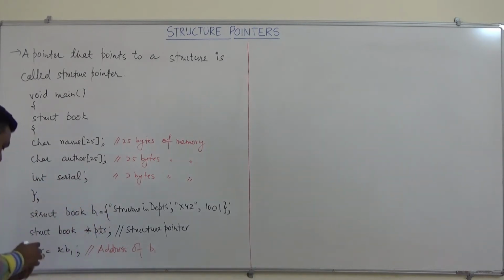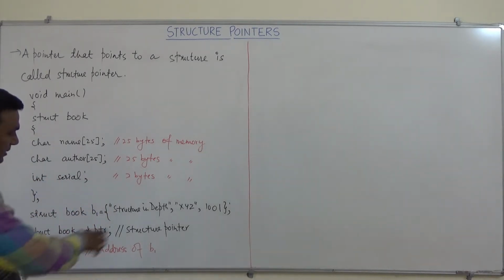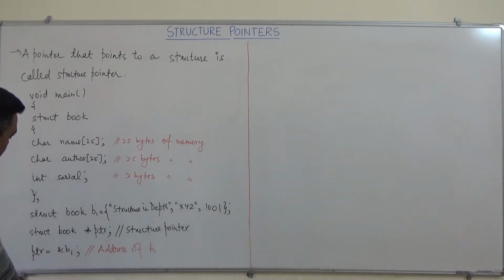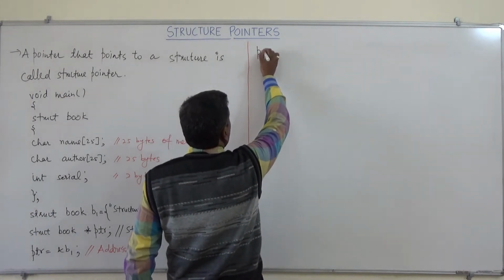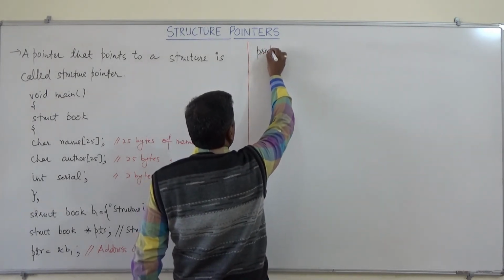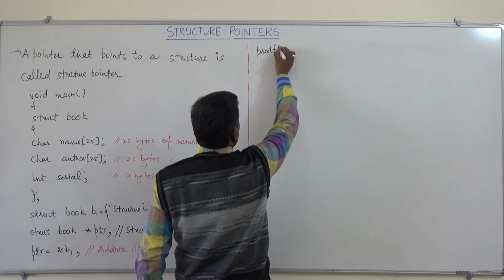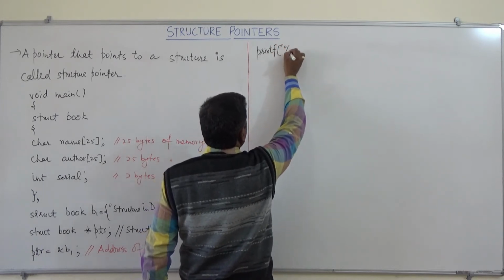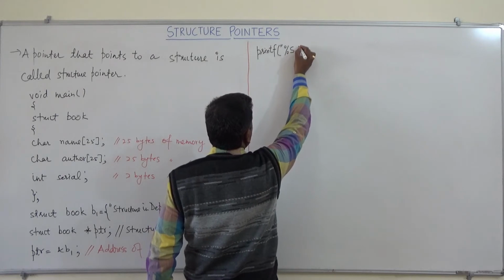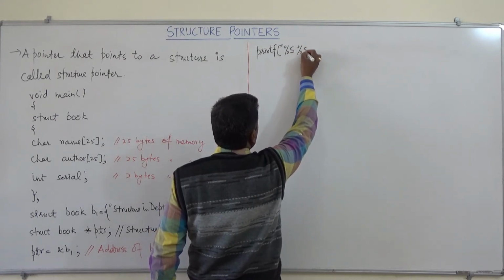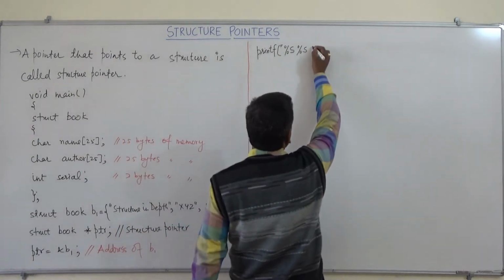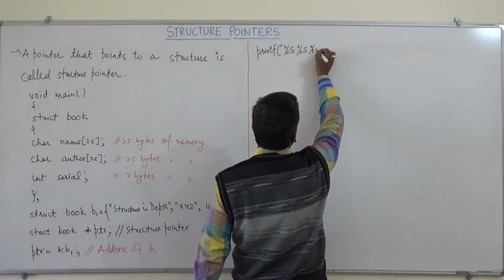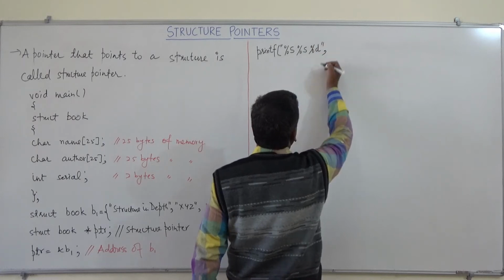Now we will print these values of the items of book in two ways. So we will use the output function printf. First one is an array of characters, so we will use %s. Second is also an array of characters, so again we will use %s. And the third one is a decimal integer, so we will use %d.